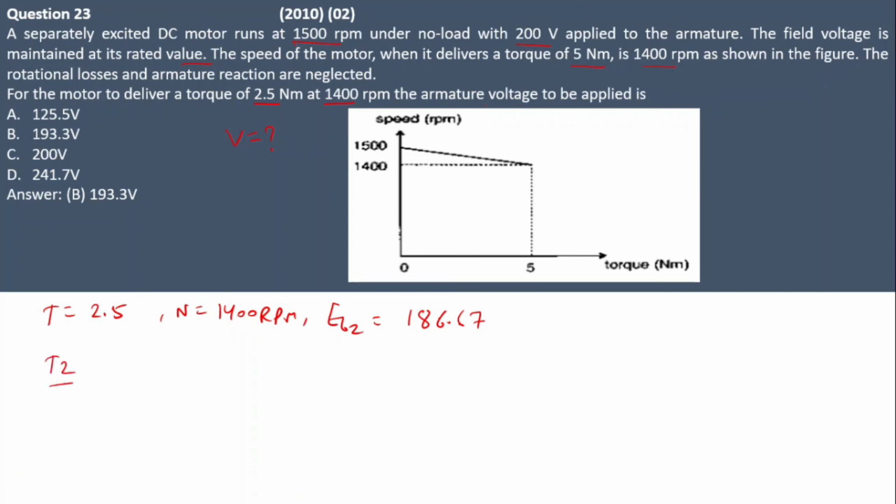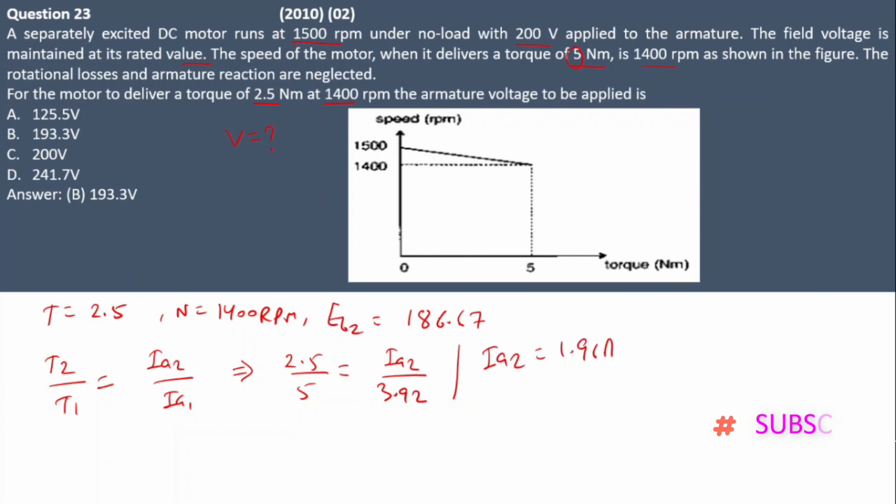So T2 by T1 equals Ia2 by Ia1, because you know the current for 5 Newton meter. So T2 by T1, 2.5 divided by 5, equals Ia2 by Ia1. Ia1 is 3.92, which you calculated in the previous numerical, as this is the second part of it. So from here you will get Ia2 equal to 1.96 amps.